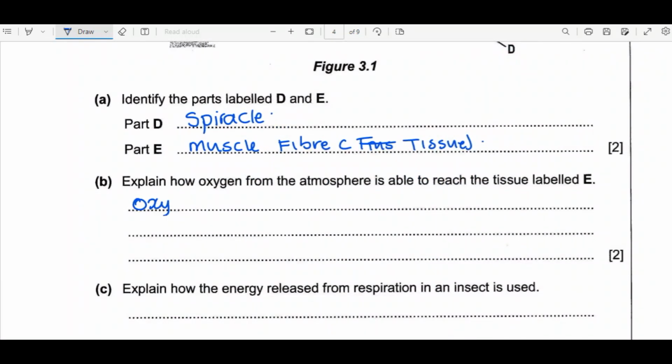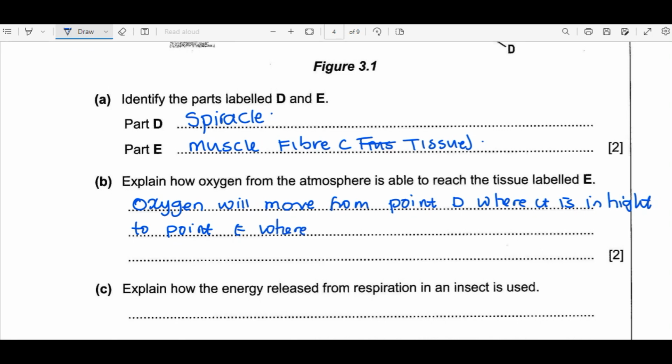So say oxygen will move from point D where it is in a high concentration to point E where it is in a lower concentration through the process of diffusion and through the tracheoles.